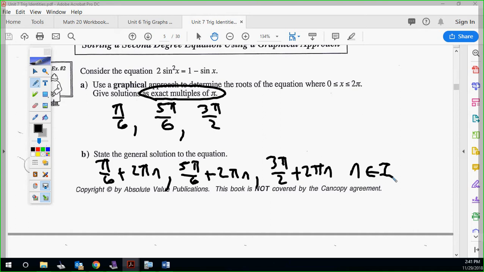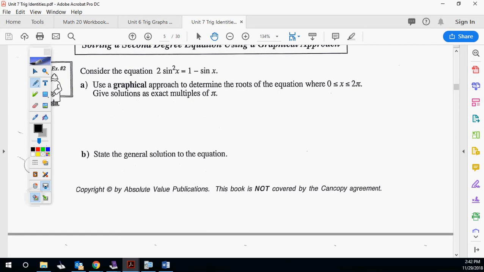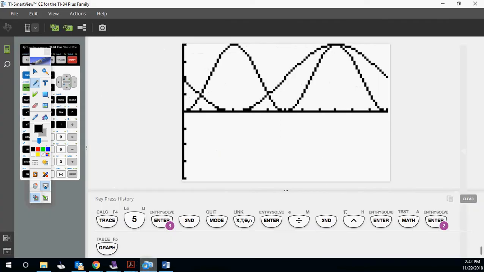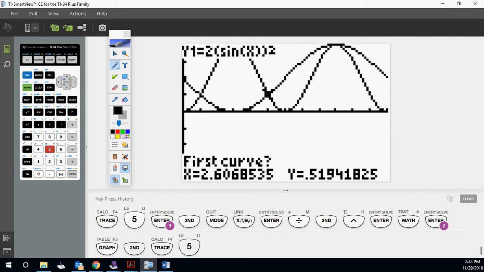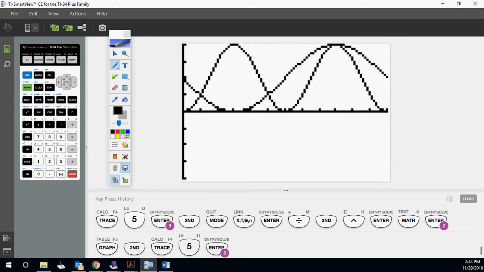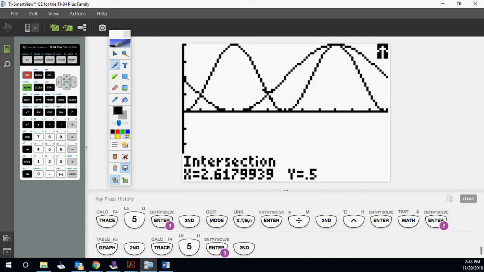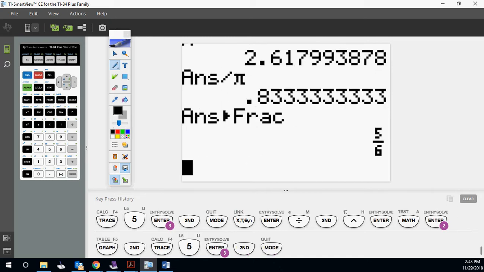Okay. All right, and then we'll go ahead and show that process one more time. Okay, so the process to get exact. So second trace, we'll do the intersect just one more time. Enter, enter, enter. Okay, so there's my value, 2.61. Second quit, hit the X key, and hit enter in your calculator.